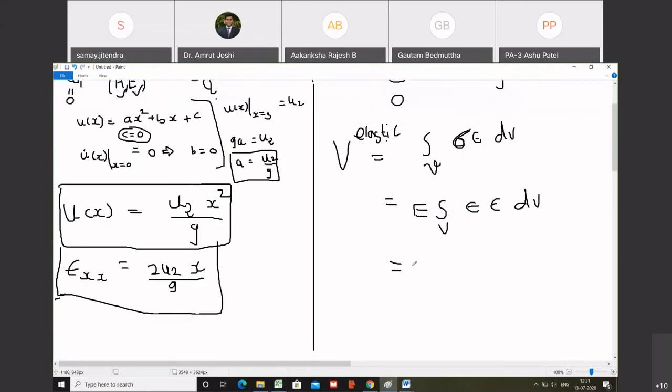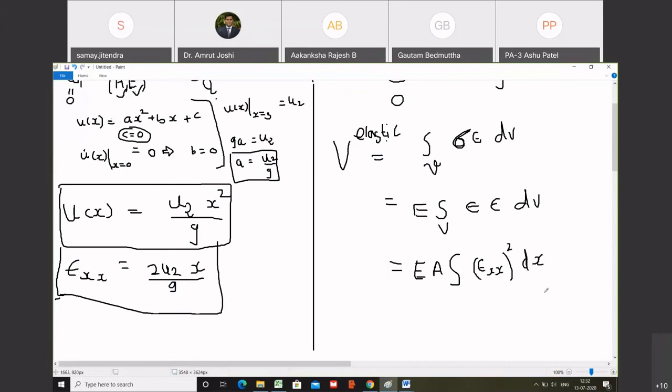Now this will be equal to E times the integration. The cross-sectional area is going to remain constant, so this triple integral will vanish to a single integral, and A will come outside, multiplied by epsilon xx square dx.